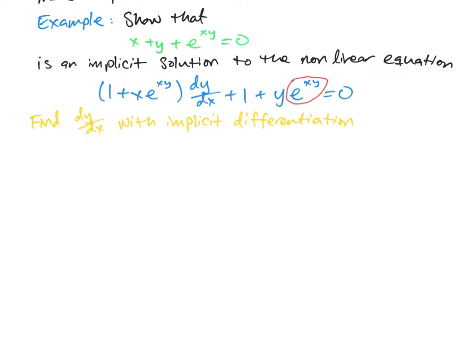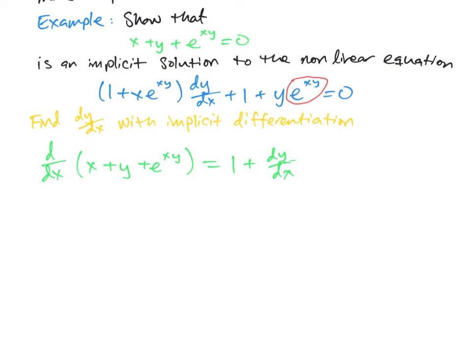So we're looking for dy/dx, and so we will take the derivative with respect to x of the whole left-hand side of the green equation up there, and we get d/dx of x plus y plus e to the xy. And we'll do this term by term because we've got addition. So the derivative with respect to x of x is just 1. The derivative of this next term, y with respect to x, is the derivative of y with respect to x. And then the derivative of the e to the xy term, we have to use chain rule on.